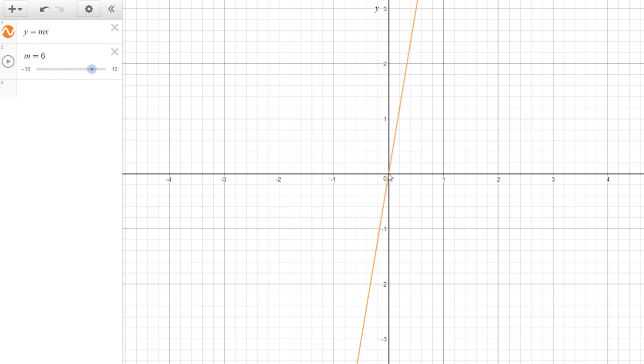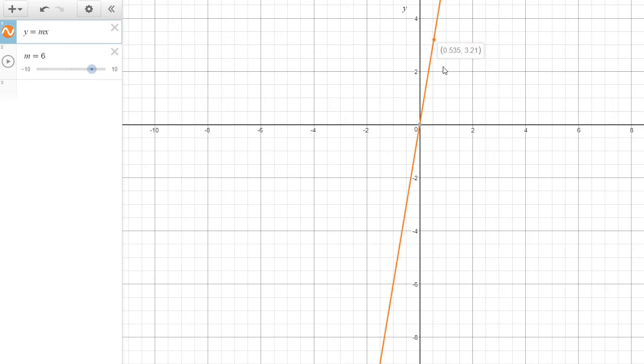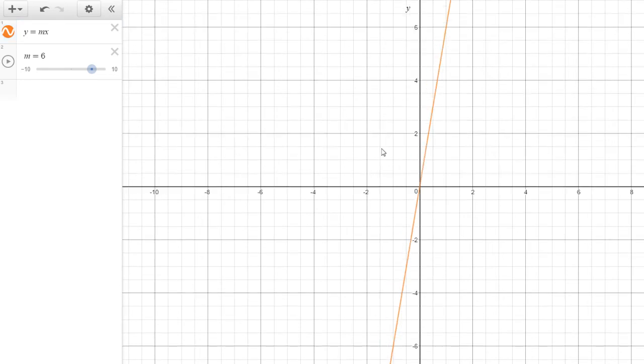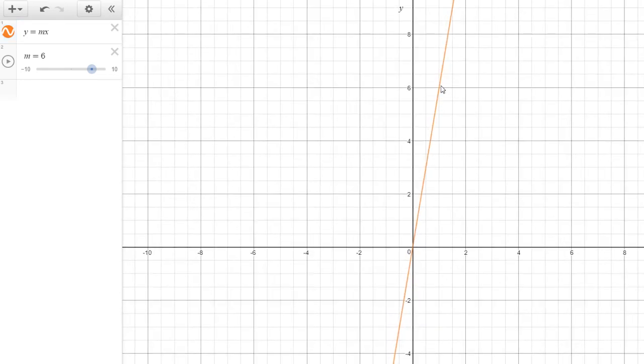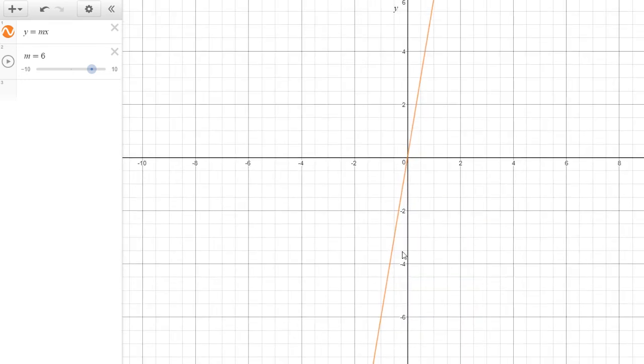So if you pick a point and go along to 1, you would be travelling up in order to get to the point on the line, which is 0.6. That means that every line that has a positive gradient runs in this direction.